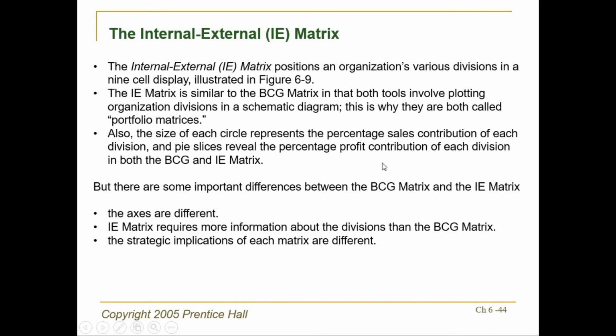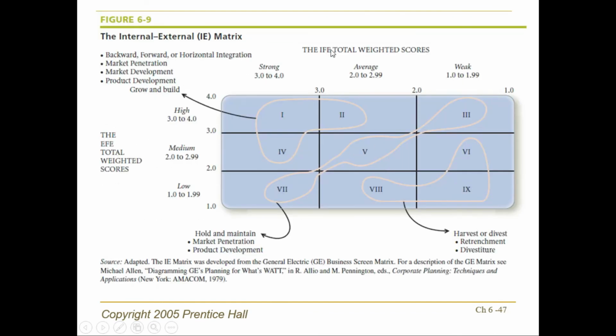Here we are using not the market share and not even the industry position, but the total of IFE, the internal factor evaluation matrix, which you have done initially in chapter number 6. On the vertical axis you go for the EFE, the total weighted score of the external factor evaluation matrix.